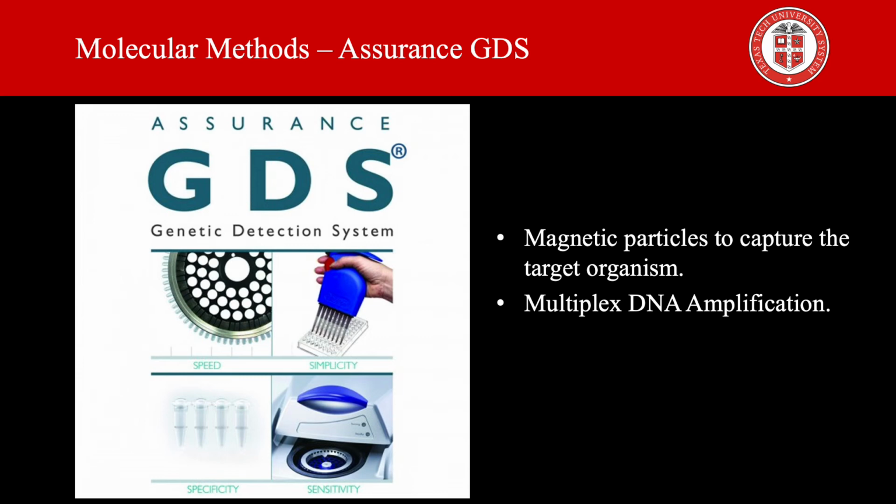The Assurance GDS utilizes highly conserved target gene sequences that ensure greater specificity with fewer indeterminate or false positive reactions. Also, multiplex DNA amplification, which allows simultaneous detection of multiple targets within each amplification tube.